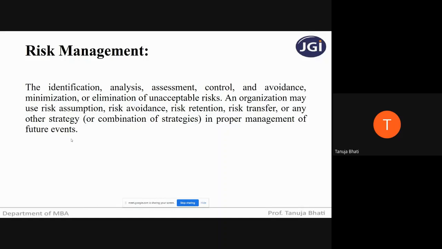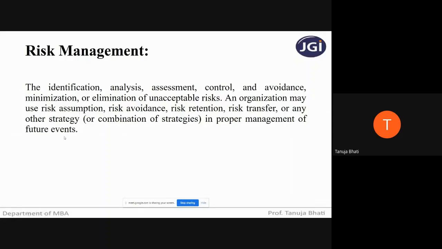If the risk level is very low, it can retain the risk, that is, keep the risk without putting a control on it, or it can transfer the risk to an insurance company, by way of derivatives or any other strategy.